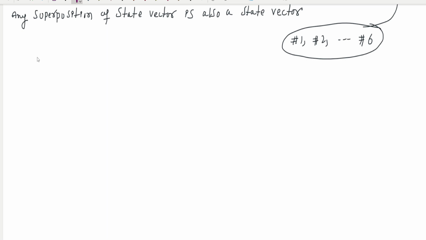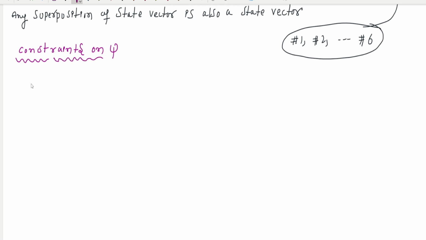So these are the constraints on the wave function psi.